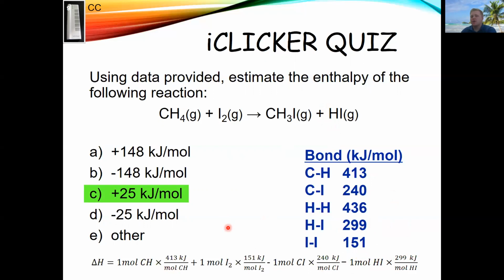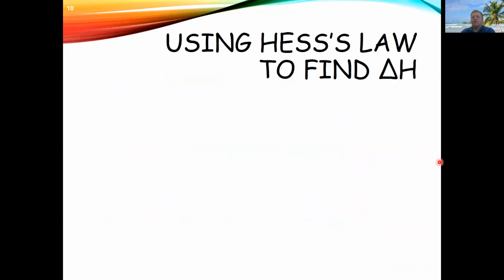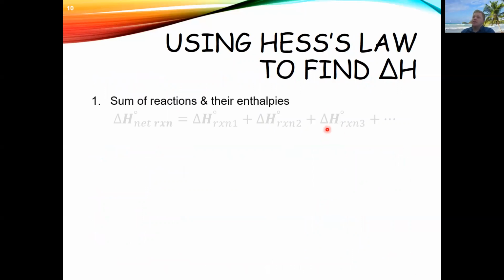All right, so let's really quickly just review what we've done now with Hess's law. I've given you 3 different ways to find the delta H of a reaction. The first is to sum up the delta H's of other reactions, either adding them or subtracting them, until you find a combination of other reactions that gives you your original reaction.